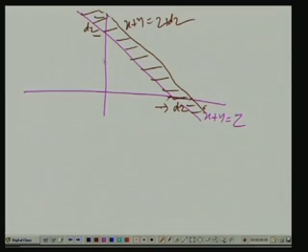Now, we consider a particular point, say x, y. I have to find out an infinitesimally small area. Here it might appear to be big, but as you know dz, dx, dy are infinitesimally small.